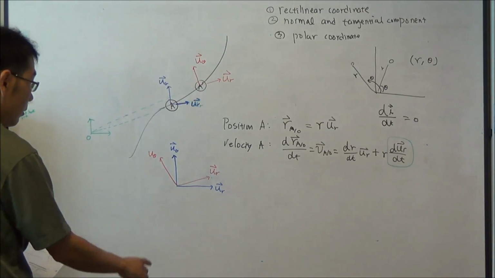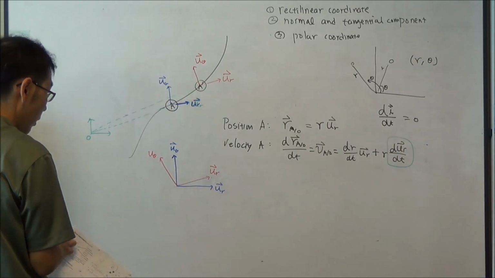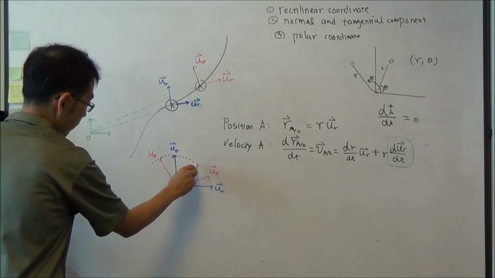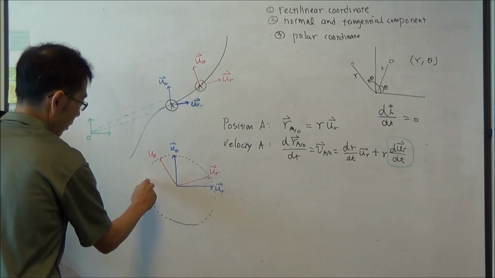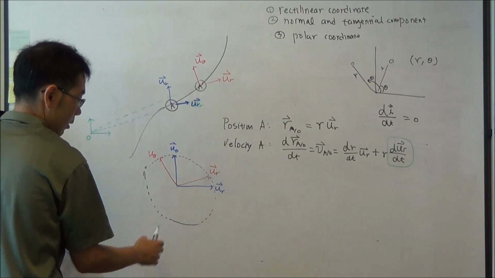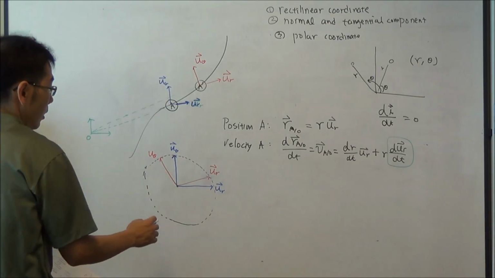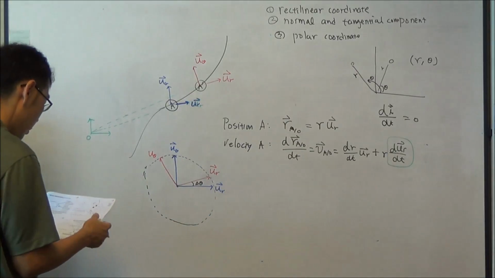Then the magnitude of the unit vector is always 1. So maybe I can just imagine that everything is on the center. So this is the center and this is the unit circle. Okay, and then this is delta theta.